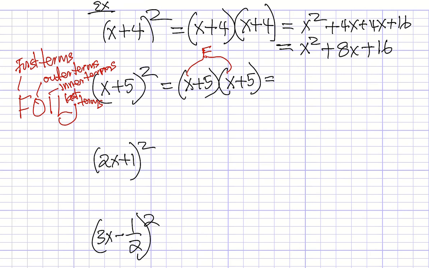And then you take this one, you multiply also that one. That's the outer terms. They call it outer. And then you start with 5 again, you take 5, you multiply that. That's called the inner terms, because they're inside. You see that one is inside.